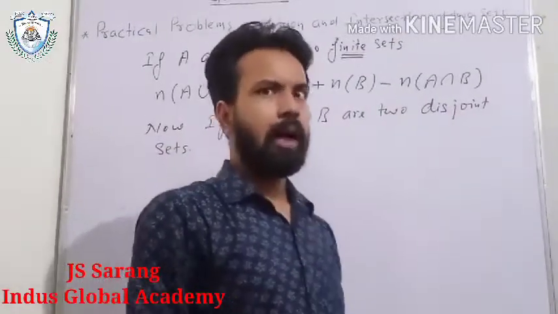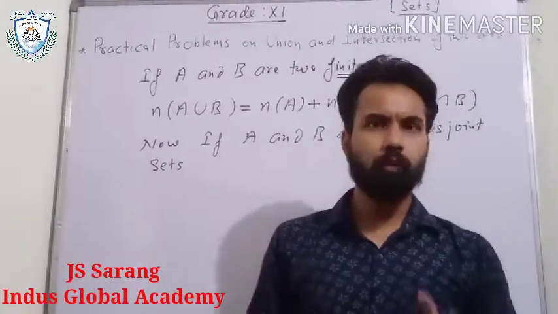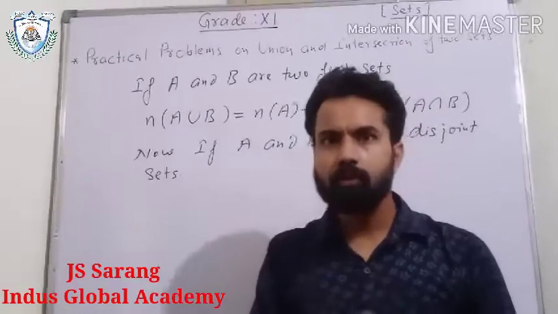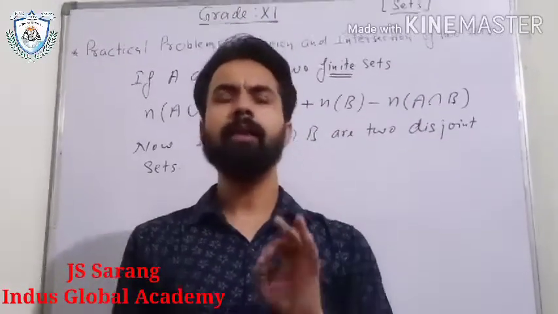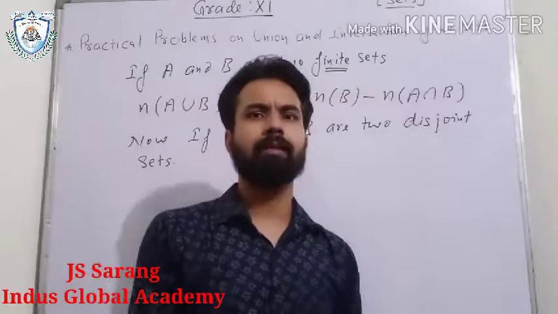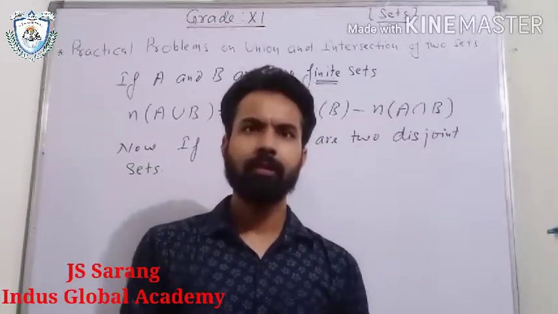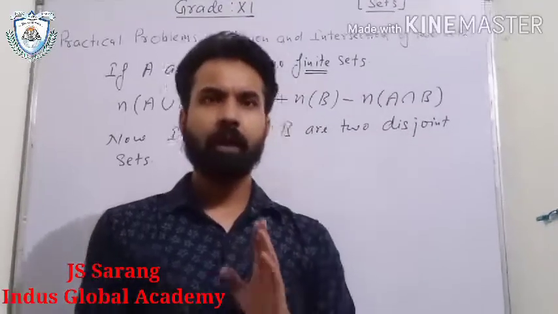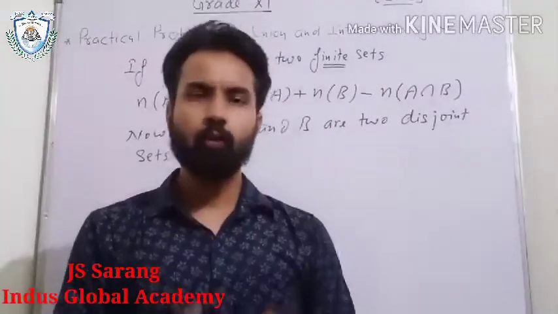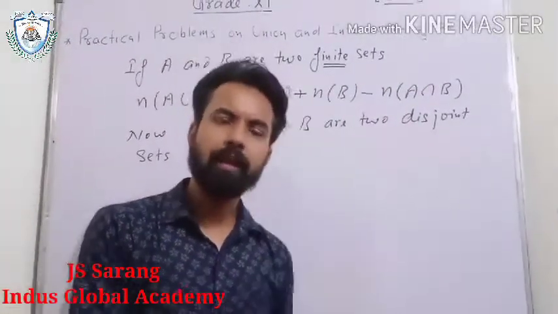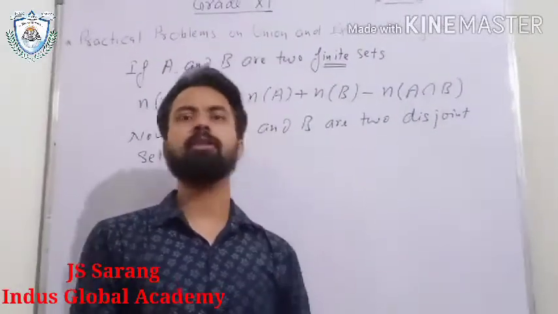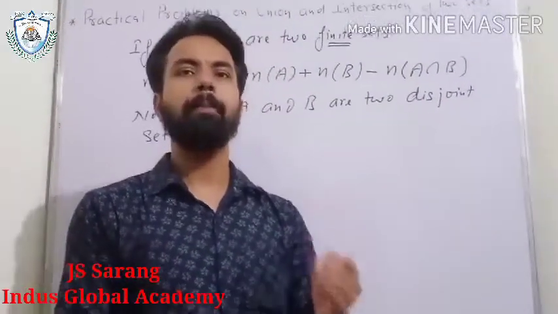Two sets are said to be disjoint if the intersection of both the sets is a null set. Understood? Are you getting this point? Two sets are said to be disjoint if the intersection of these sets is an empty set.